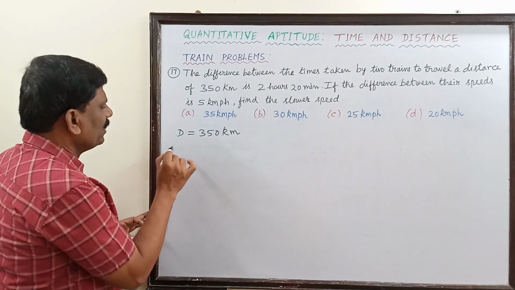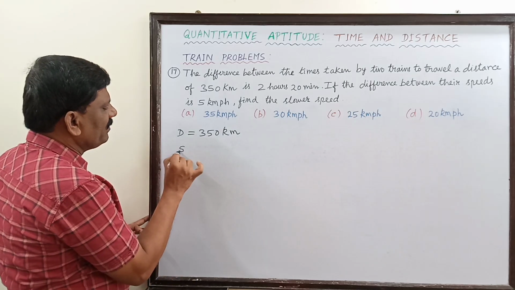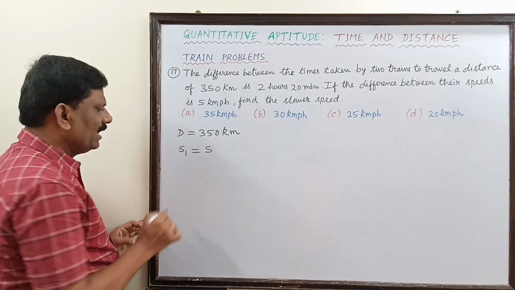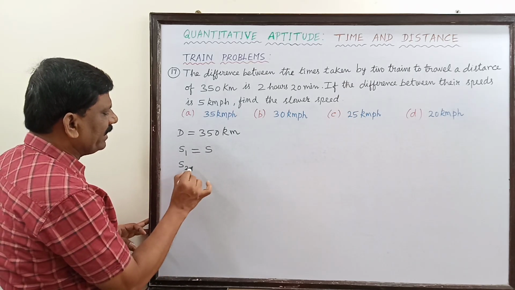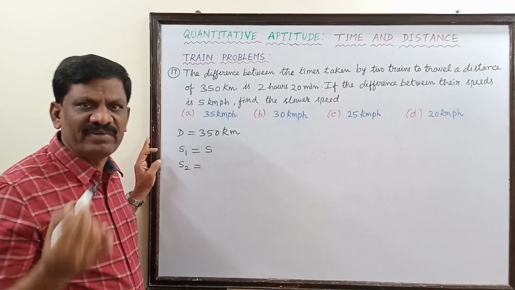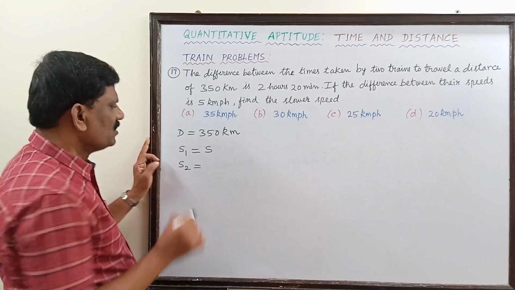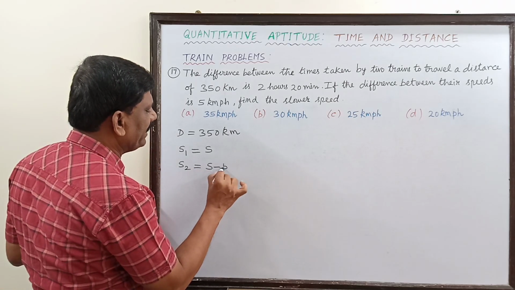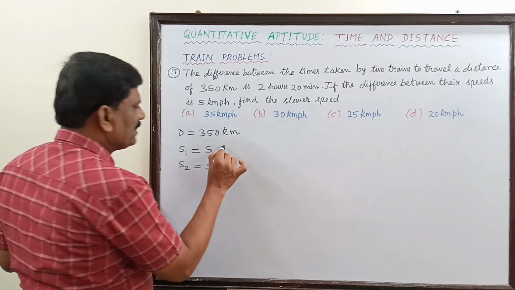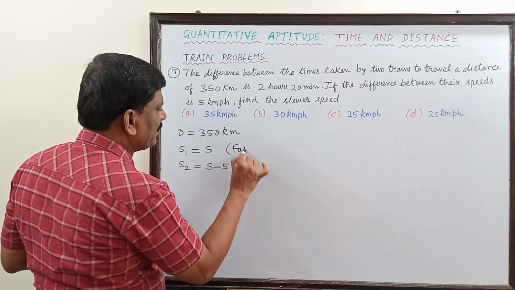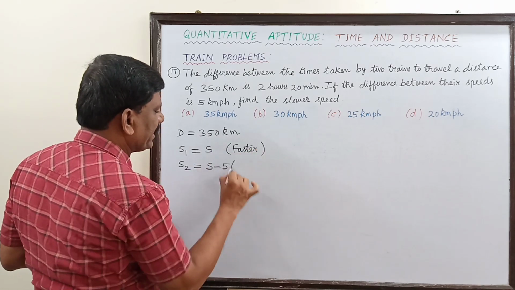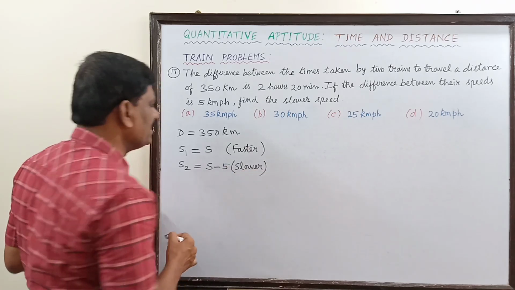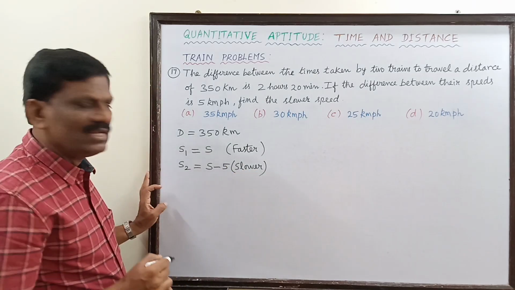The speed of the first train is taken as s, and the speed of the second train is either s plus 5 or s minus 5. So I will take the speed of the second train as s minus 5. So the first train is faster and the second train is slower.